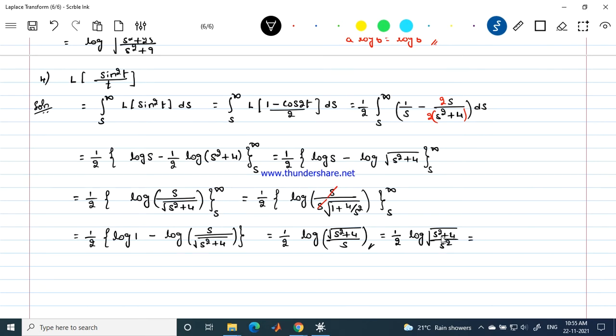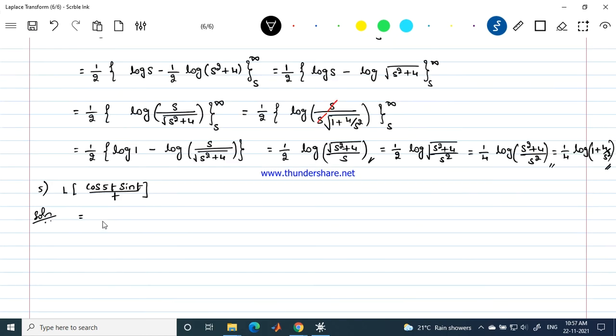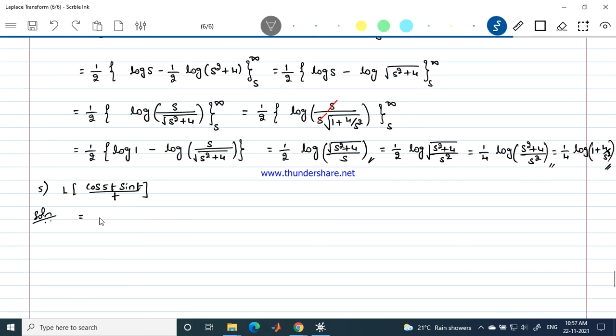And this becomes log to the power 1 by 2. That 1 by 2 can be taken out with the same formula. So it becomes 1 by 4 log of (s square plus 4) by s square. This can also be written as 1 by 4 log of 1 plus 4 by s square. This is L of f of t by t.